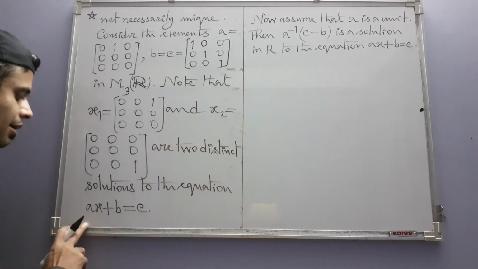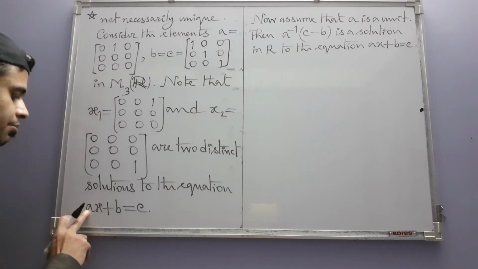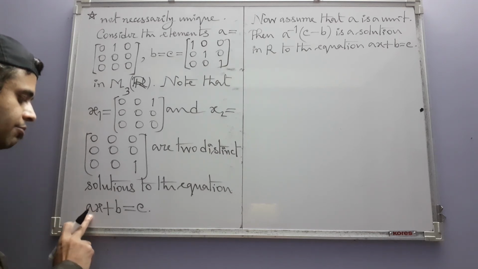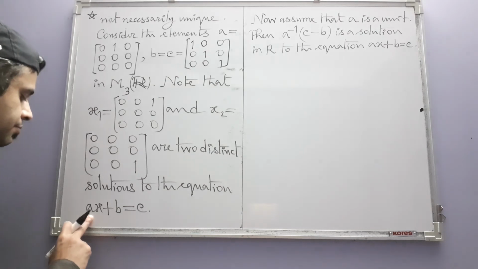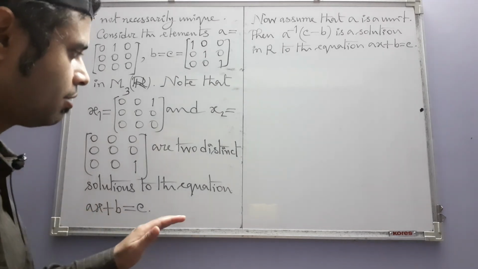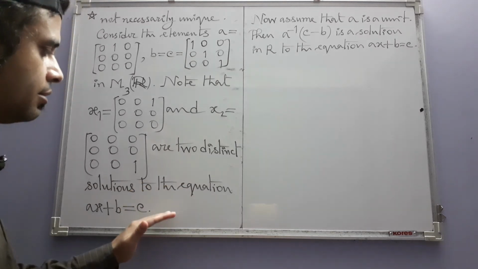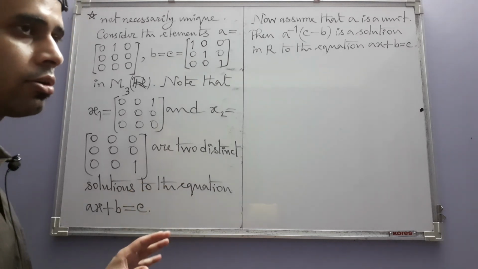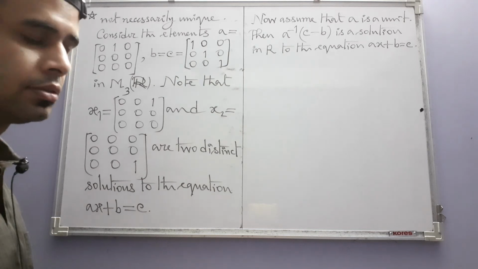In doing so, however, you have to multiply by A inverse from the left hand side, not from the right hand side. The thing you have to keep in mind is that the ring is not necessarily commutative.